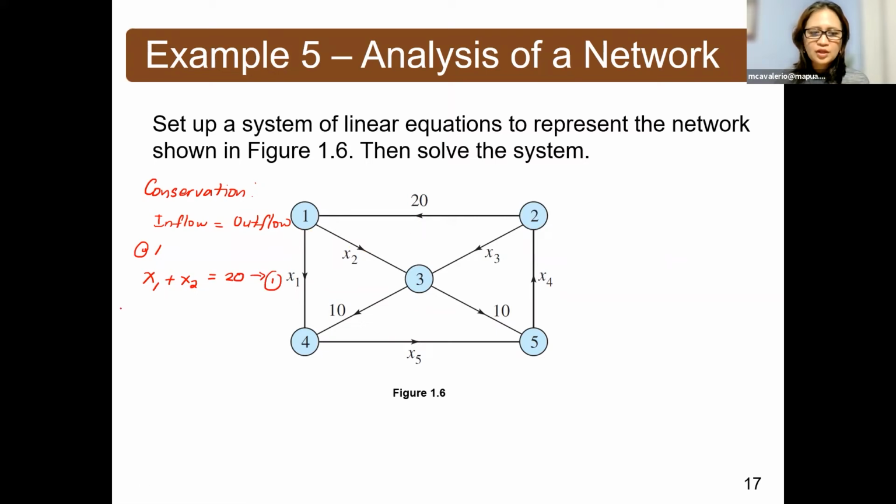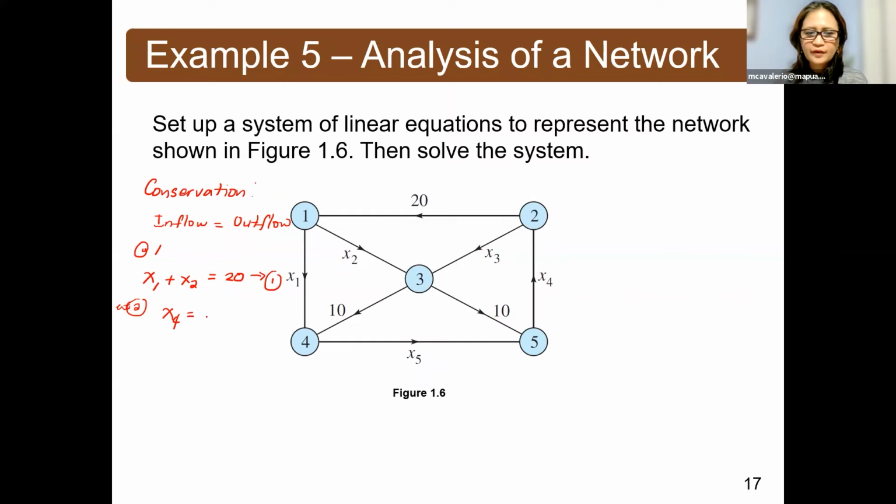Let's say at junction 2, we will have an inflow of x sub 4 and an outflow equivalent to x sub 3 and 20.